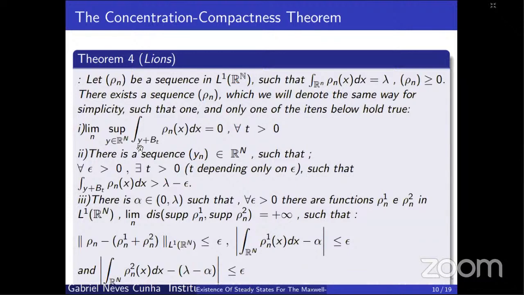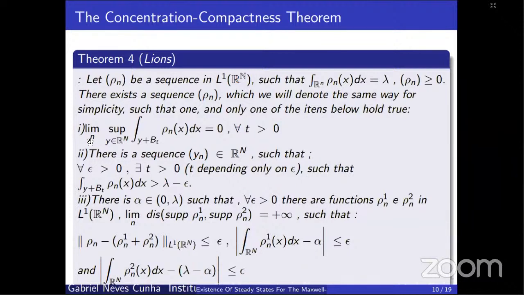We take the supremum and the limit. One possibility is that this limit is 0 for all t. This case is called vanishing. It is the case where, as we will see later, all the mass is lost.